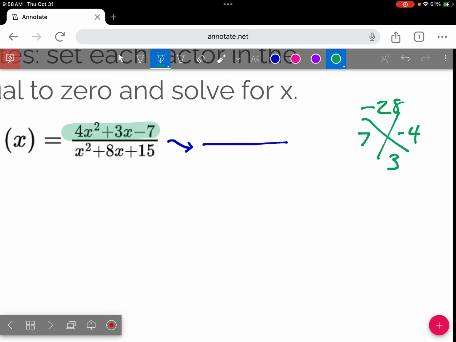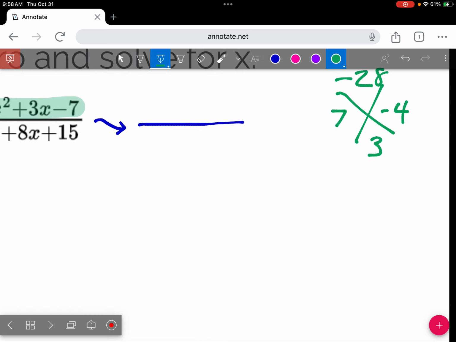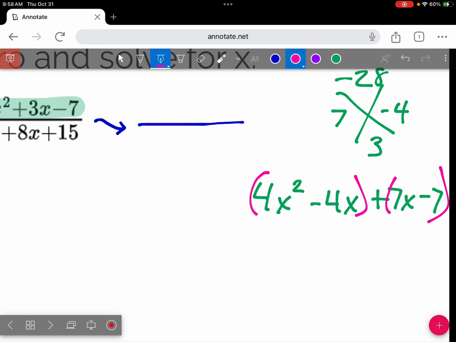So be careful when we're doing this, because we have that a value of 4. I'm going to do this one factoring by grouping, where we have our 4x squared, minus 4x plus 7x minus 7. I'm doing factoring by grouping here.